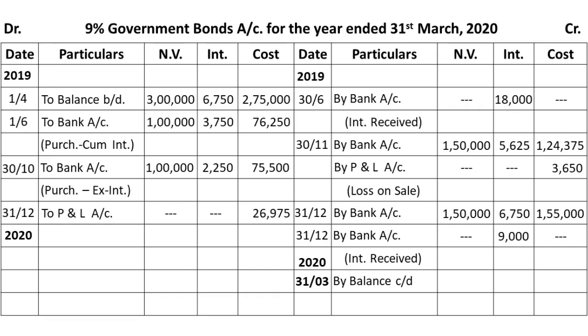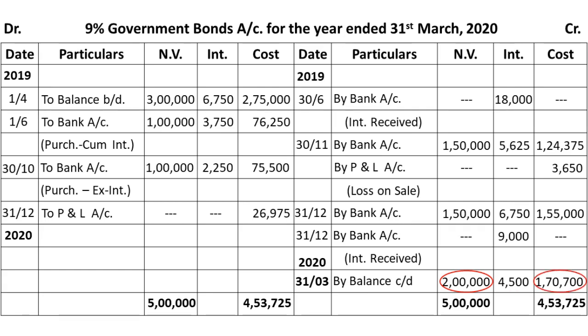So in the closing balance, first of all we require to close the column of nominal value, debit side. The total is 5 lakhs. The same total should be written on the credit side total, and the balance is what we have already found out, rupees 2 lakhs. Then we require to take the total of cost column of debit side, which is 4,53,725. The same total should be written here, and the balance is 1,70,700, which is nothing but cost. In case of interest, we require to take the total of credit side column first.